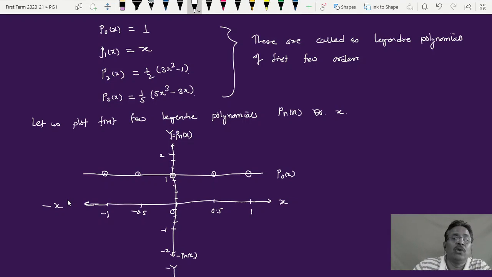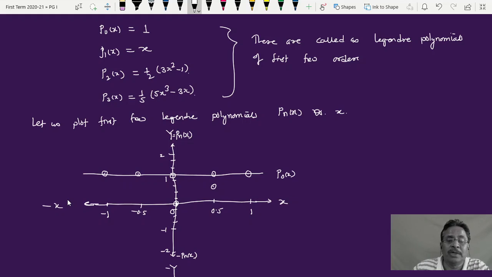Now when I put the value of x is equal to 0, I'll get this point. When I put x is equal to 0.5, I'll get P1 of 0.5 is equal to 0.5 according to this. So I'll get this value 0.5 here. When I put x is equal to 1, P1 of 1 is equal to the value of x, that is equal to 1.